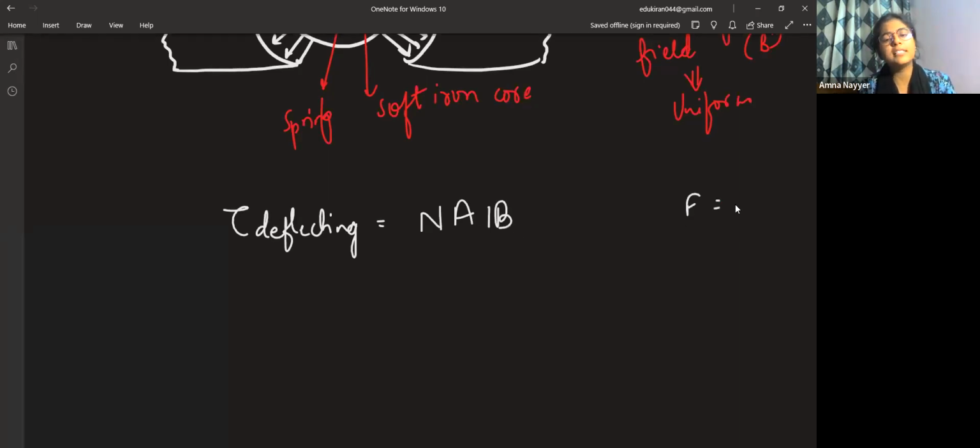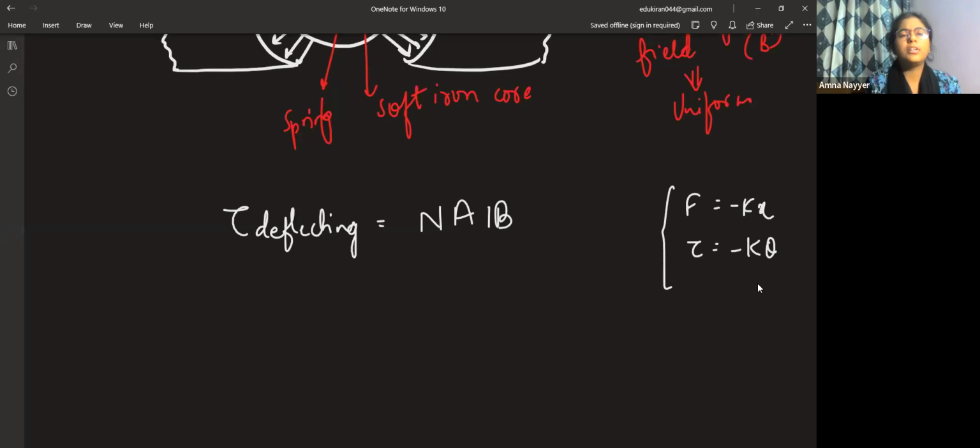You must have done SHM and waves in your class 11th. F is equal to minus KX is the condition for SHM to be obeyed. Then we have torque also, that is minus K theta. This is also a condition to be obeyed if you have to follow SHM. All right, simple harmonic motion. So this you must have done.